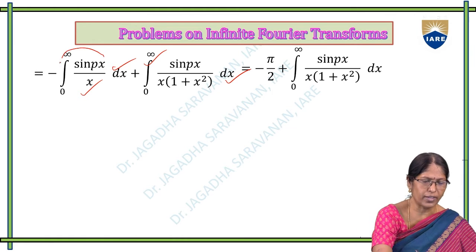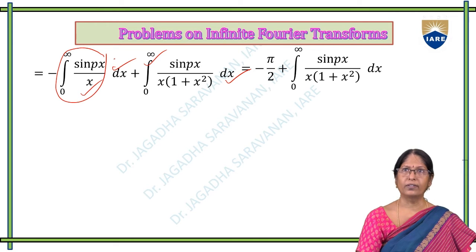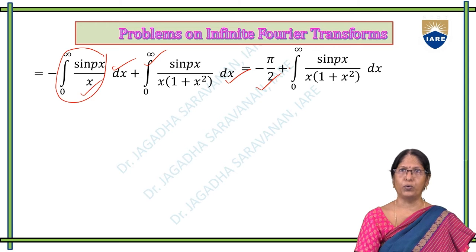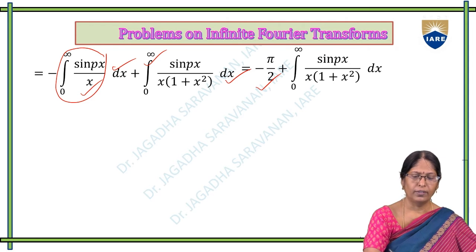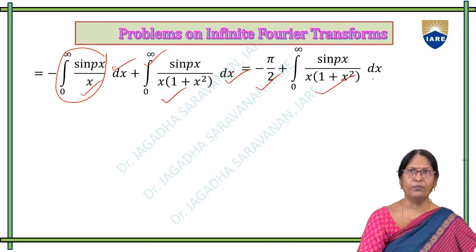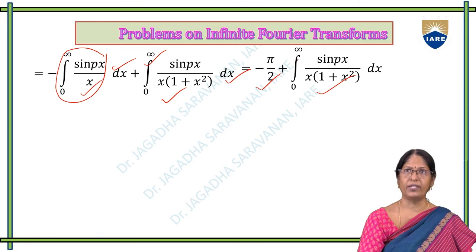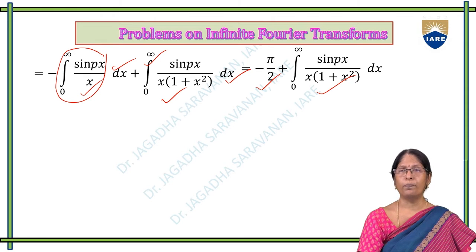So this integral, the value is pi by 2. So minus pi by 2 plus this as it is we have written, we didn't bring any changes. That is 0 to infinity sine px by x of 1 plus x square dx.